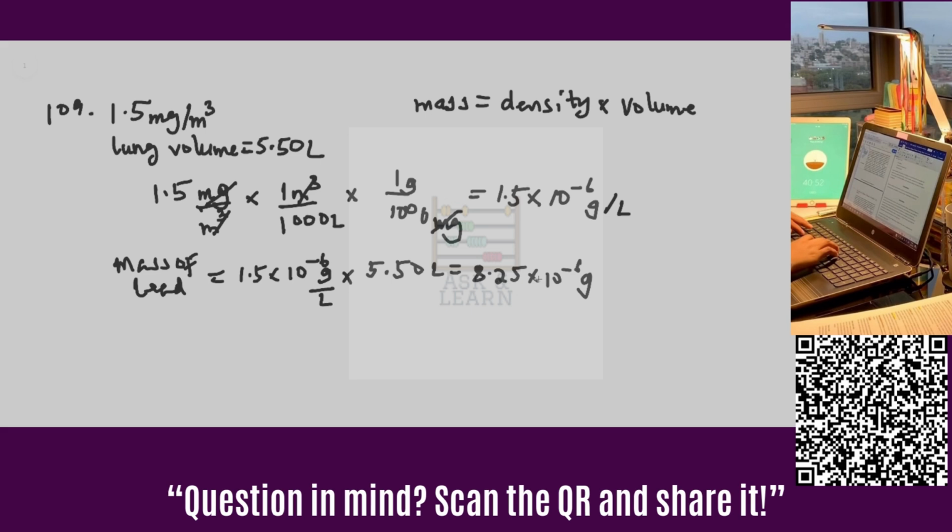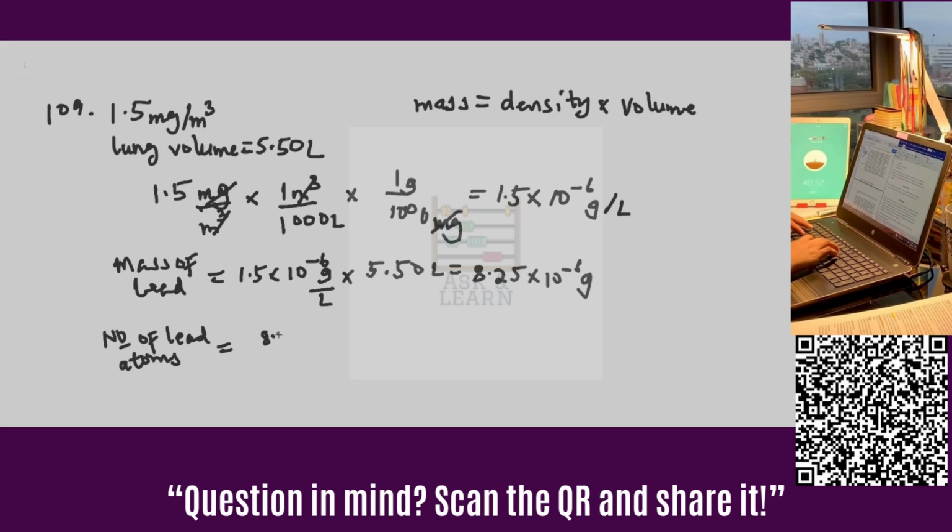Now all we have to do is determine the number of atoms of lead. We first have to find the mole. The mole is given by the mass over the molar mass. The molar mass of lead is 207.2.